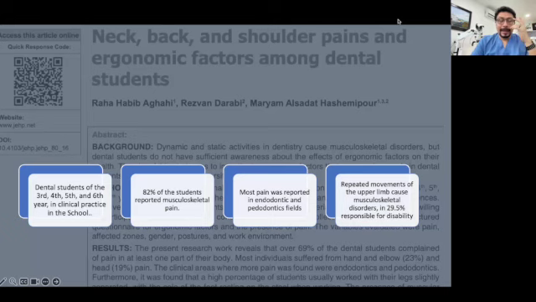So the ergonomics that we obtain because of the microscopes are really advisable to have. The microscope will force you to have a proper position.